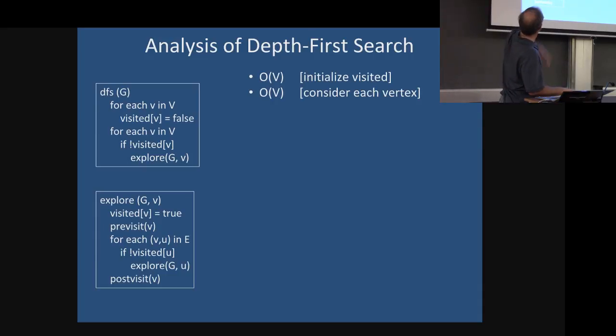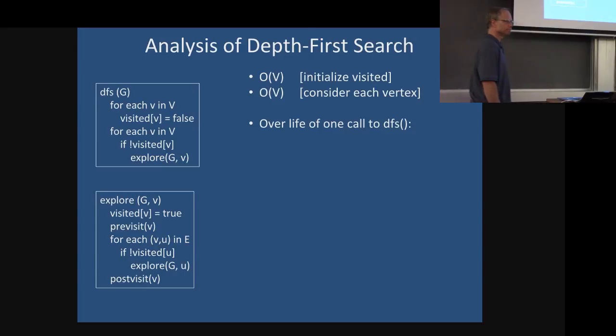And that, together with checking the visited array, is going to be done once for each vertex. It's the explore part I don't know about. So we've got O of V for the for each vertex, if not visited part. Then I haven't counted the explore.